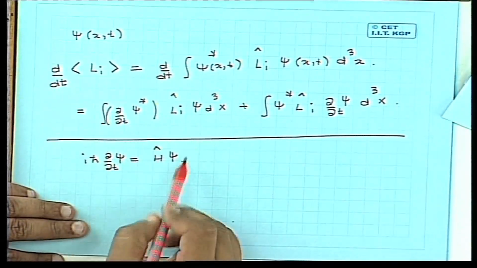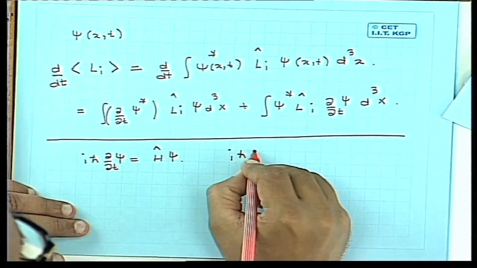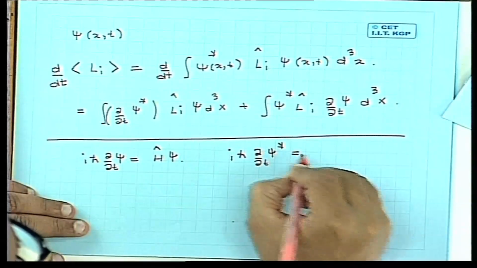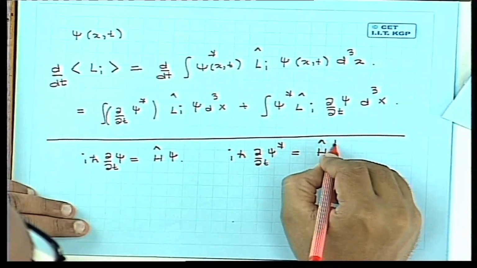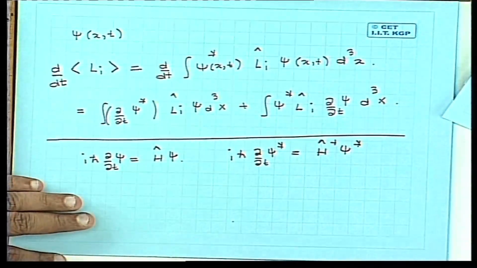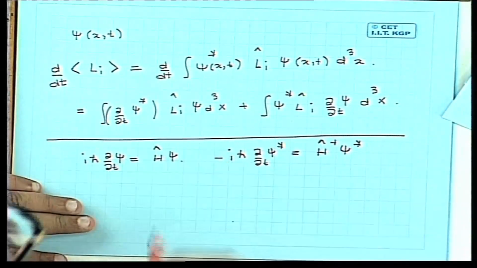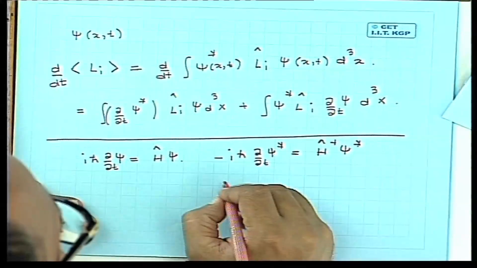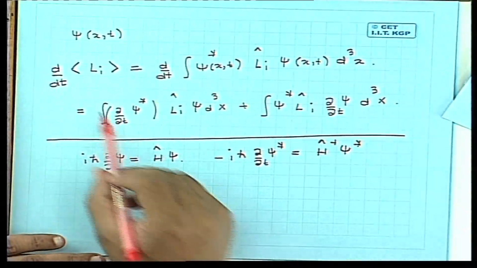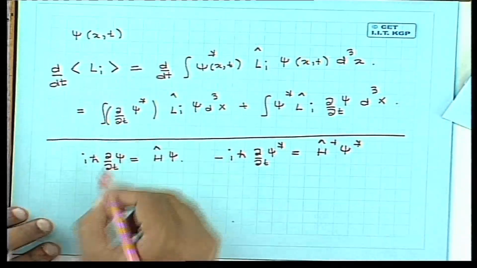If we take the complex conjugate of this, then i h cross del by del t of psi star is equal to H dagger of psi star, but H dagger is the same as H. So there should be a minus sign here. So we can use these two to calculate how the time derivative of the expectation value behaves. So let us do that.